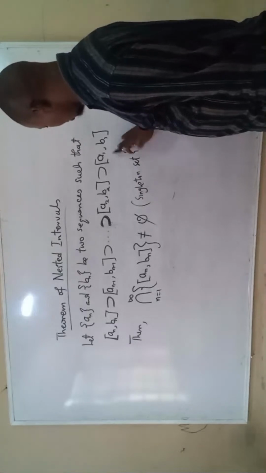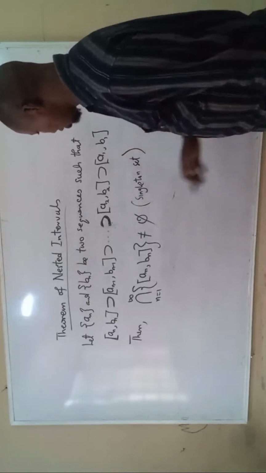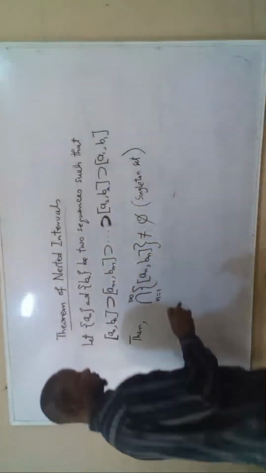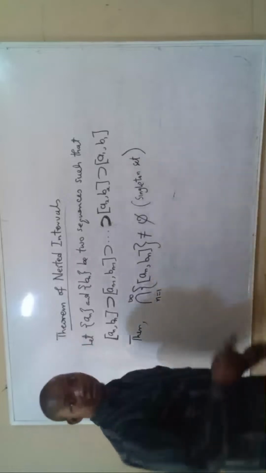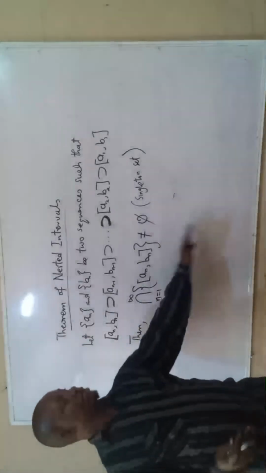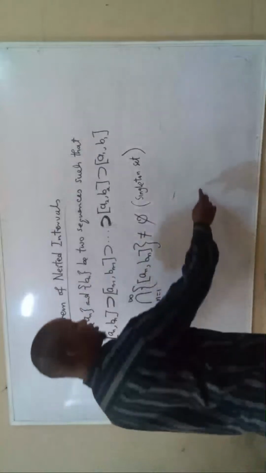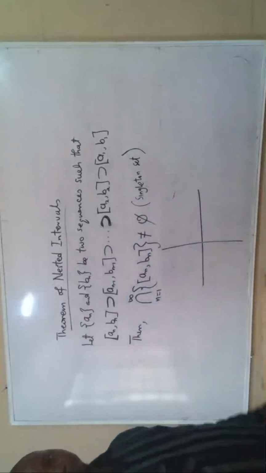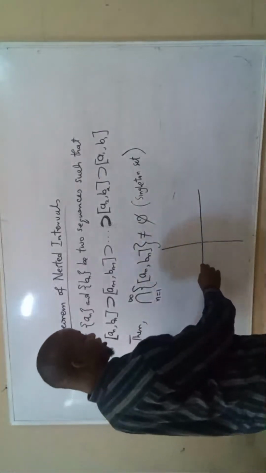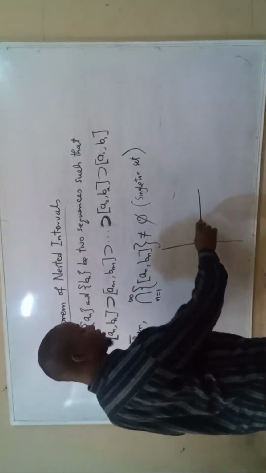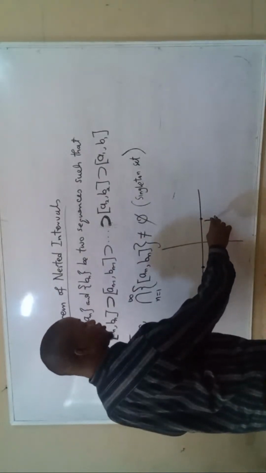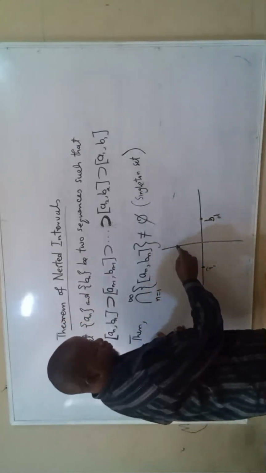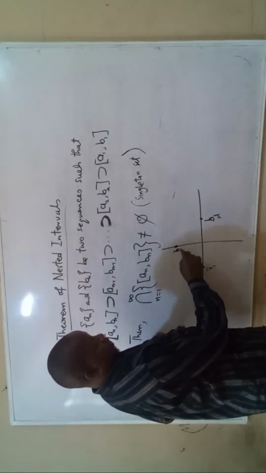That would be a single element. So what you are saying in this sense is this: if you have two intervals, I just want to quickly show what is happening here. If you have an interval, let's do that on the plane. Let's say from here to here, this is A1, this is A2, this is B2, and this is B1.